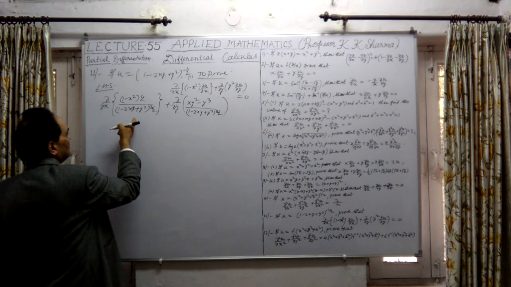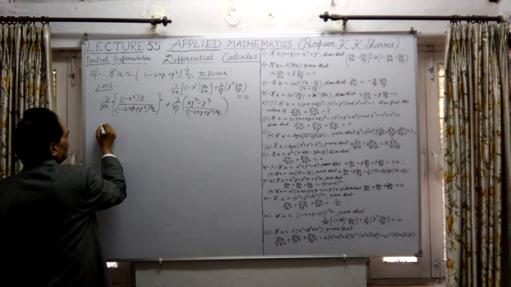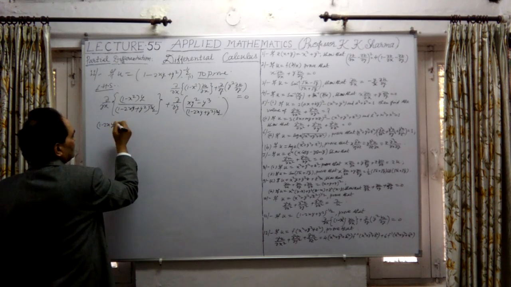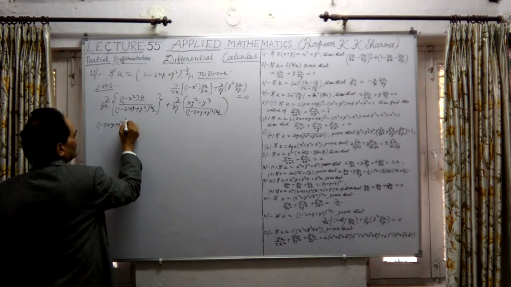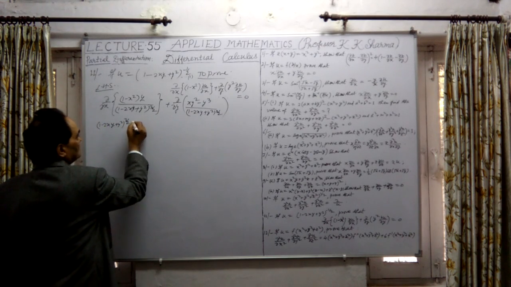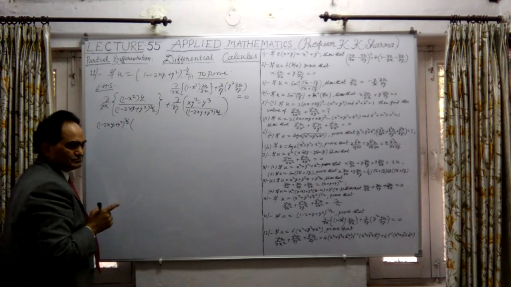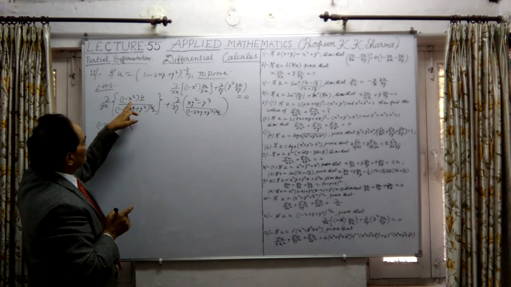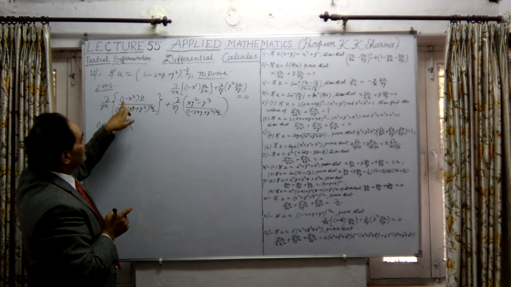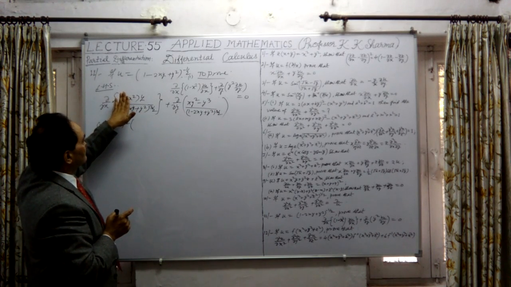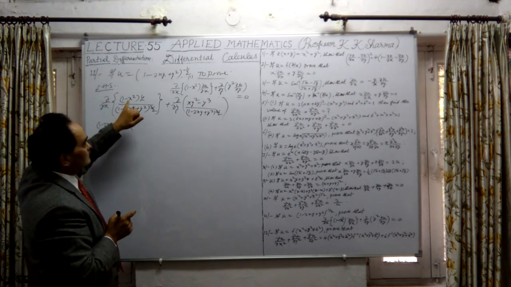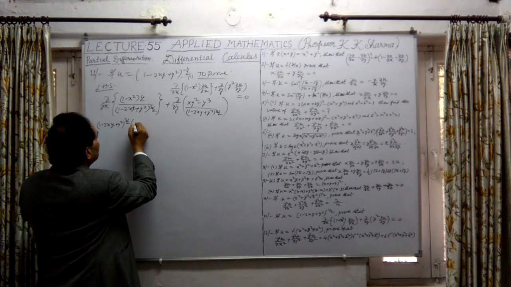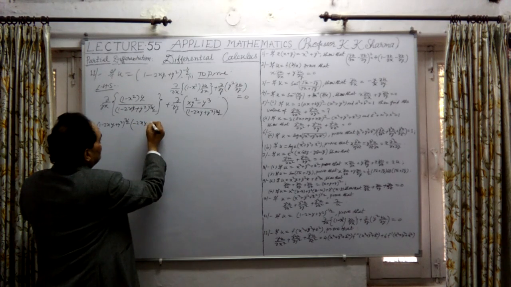But in the quotient rule, denominator as it is, let me write here: this is (1 minus 2xy plus y^2) whole power 3 by 2 as it is. Differentiation of this: what is the differentiation of this? So this is multiplied by y, but only x^2 will be different. 1 is 0. If I differentiate this bracket with respect to x, then 1 is 0, minus 2x into y. This is minus 2x into y only.